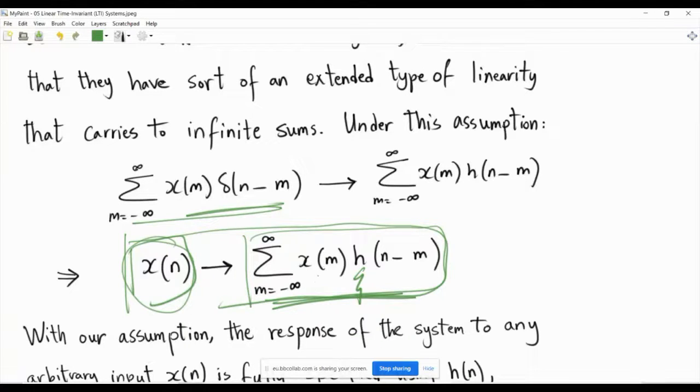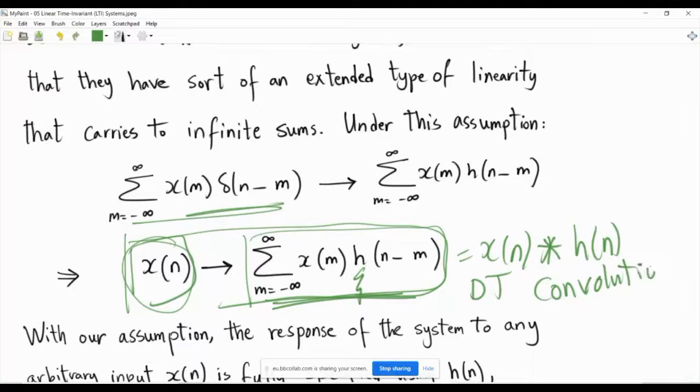This summation of x of n, denoted x of n star h of n, is the so-called discrete time convolution. So the output of the discrete time linear time invariant system will be the convolution between the input and the impulse response, where this discrete time convolution by definition is this summation here.